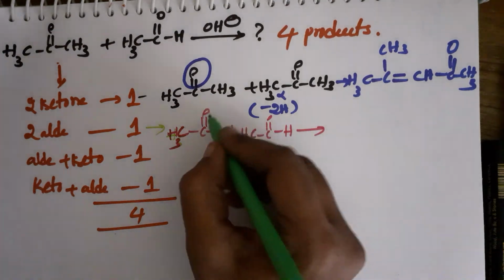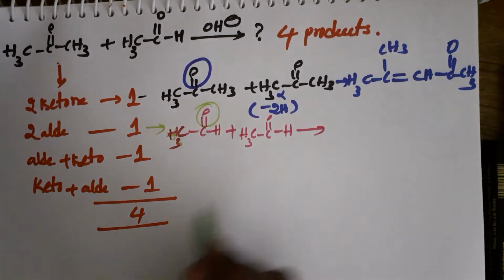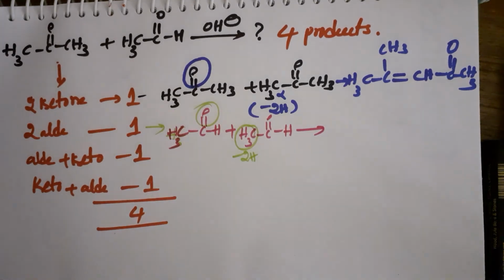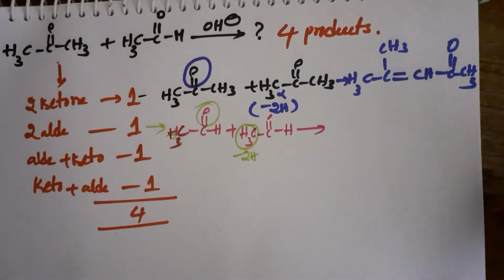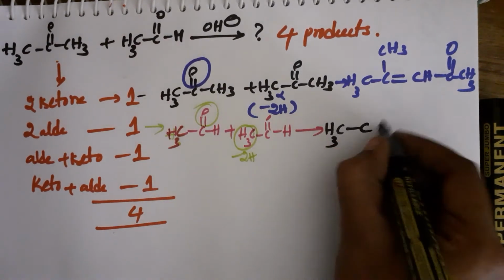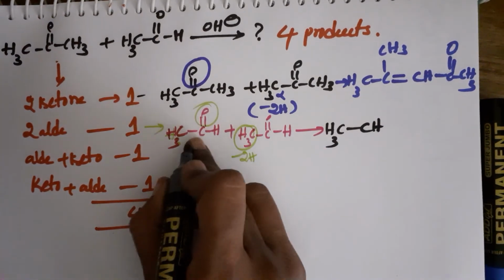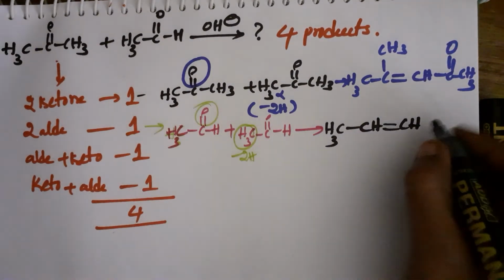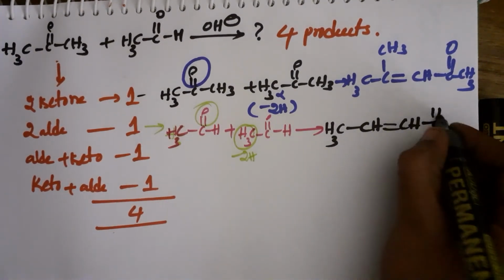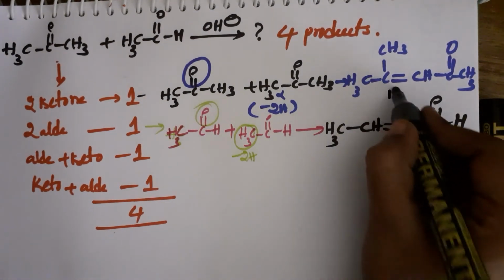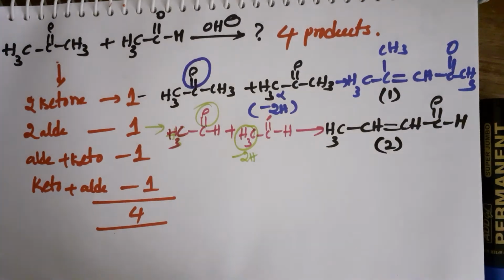Remove the carbonyl group, the double bonded oxygen, and two hydrogens from the alpha carbon, then the product will be like this. CH3, here there is no double bond and the carbon has a hydrogen which remains as it is, then keep a double bond between these carbon atoms. Here one hydrogen is left over, C double bond OH. That's it. This will be product 1, and here is product 2.